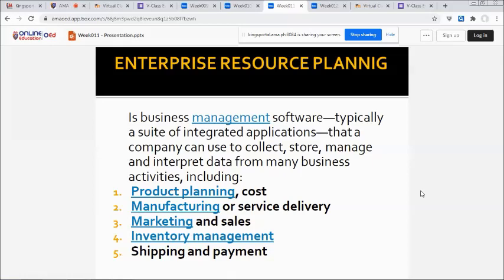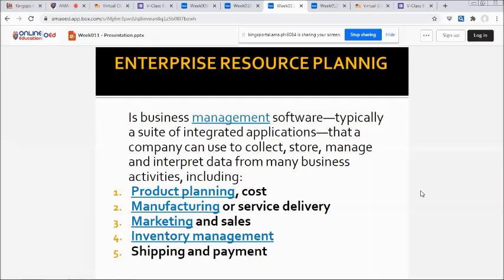The applications that make up the system share data across the various departments like manufacturing, purchasing, sales, accounting, etc. that provide the data. ERP facilitates information flow between all business functions and manages connections to outside stakeholders.